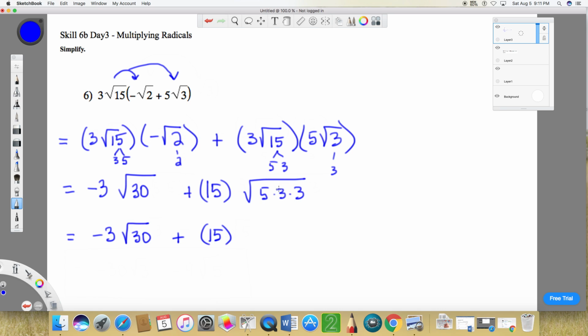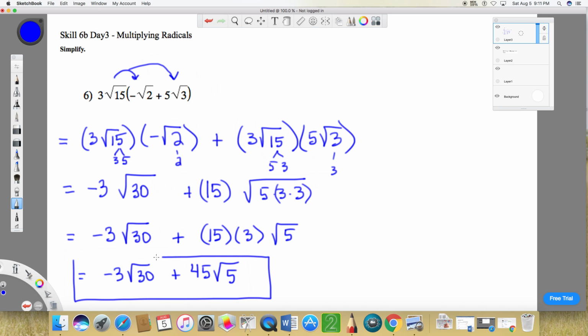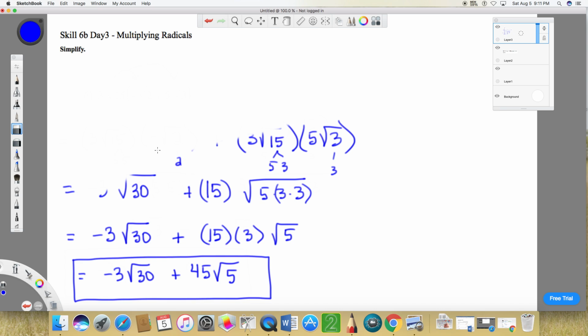And since I have a pair of 3s, I have a 3 to the first power that comes out. And the 5 didn't have another factor of 5. It's all by itself. So that's the square root of 5. So our final answer: negative 3 times radical 30 plus 45 times radical 5. And those are unlike terms, and I can't combine them. There's my final answer. Let's take a look at number 7.